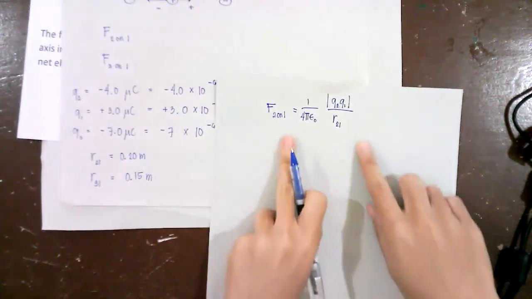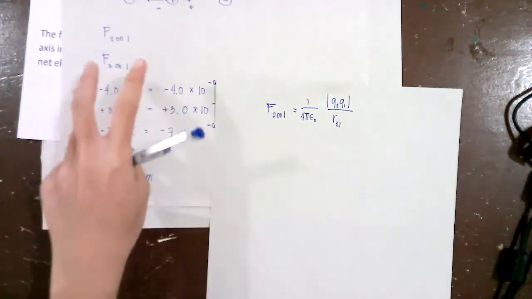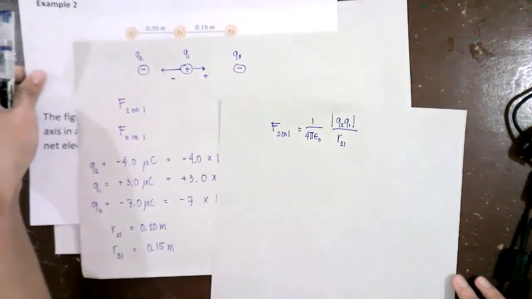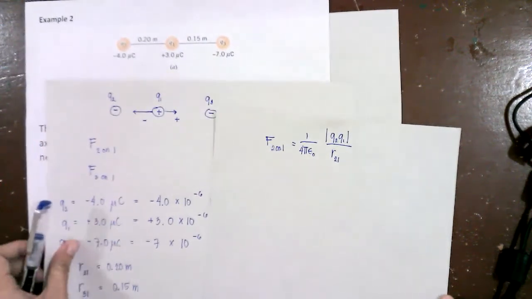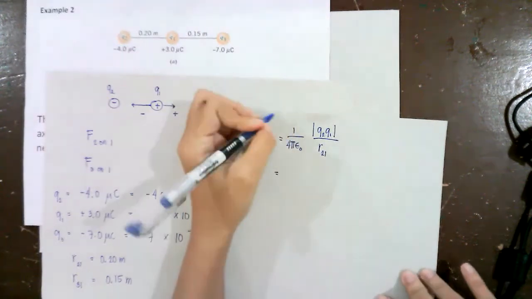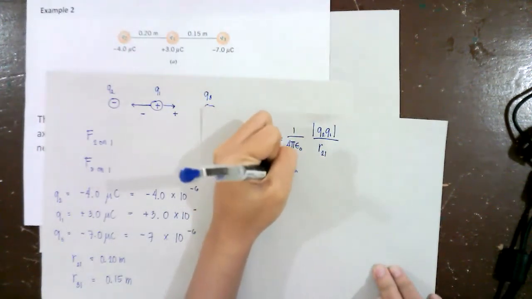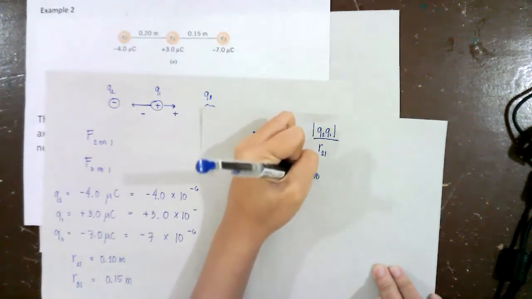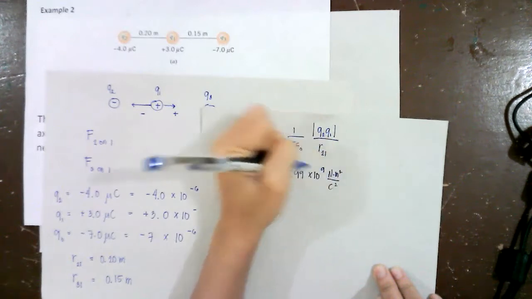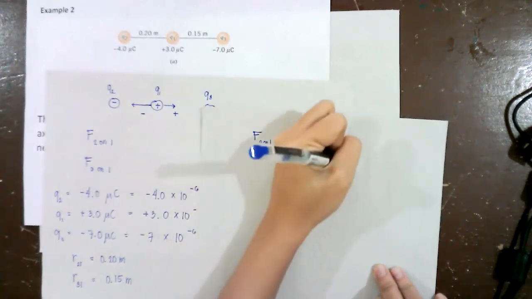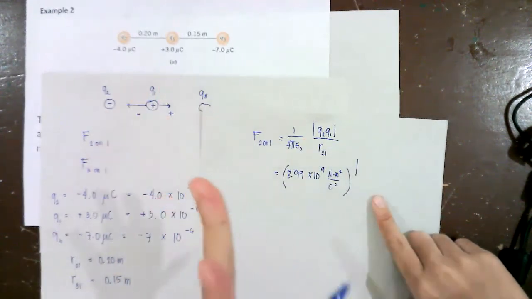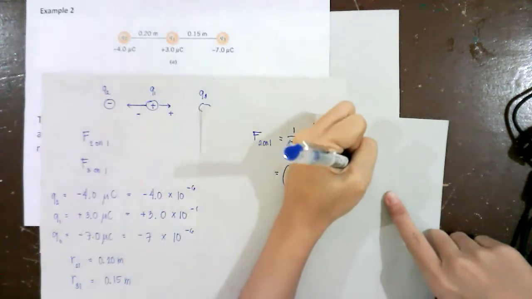So since yung force muna between Q2 and Q1 yung isosolve natin, I will substitute the constant, that's 8.99 times 10 raised to 9 Newton meter squared over c squared. Multiply it. Again, we have the absolute value, it's because magnitude lang yung isosolve natin.